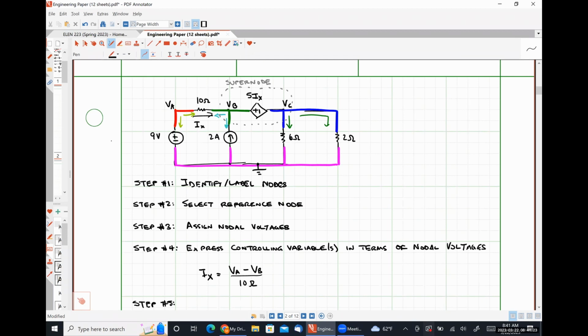Anybody have any thoughts whatsoever? Spitball stuff. Ohm's law. Ohm's law works for resistors. Is the voltage source a resistor? Nope. So definitely spitballed something, but not correct. So it works sometimes.